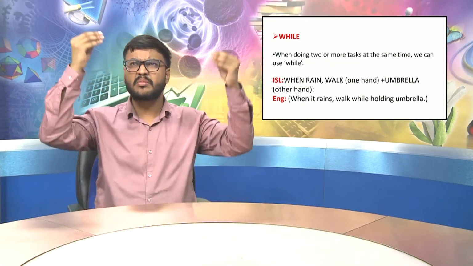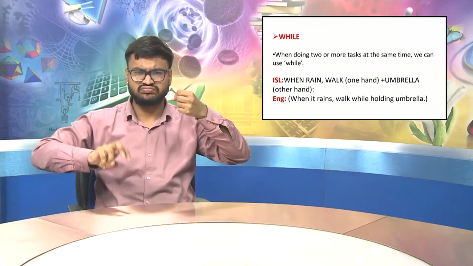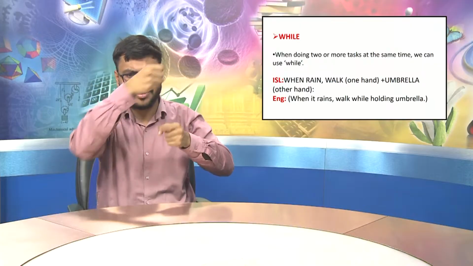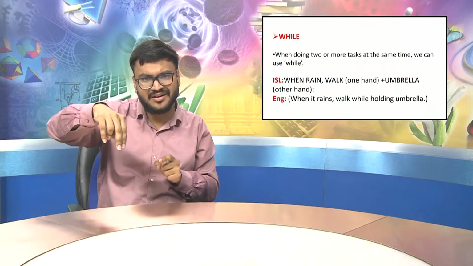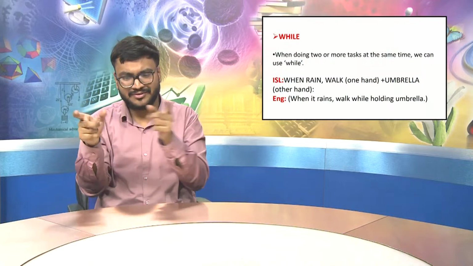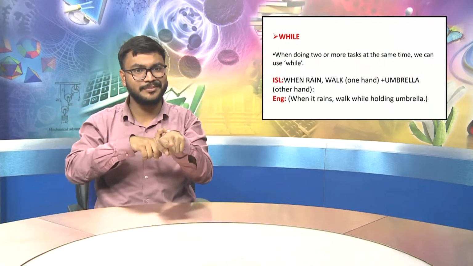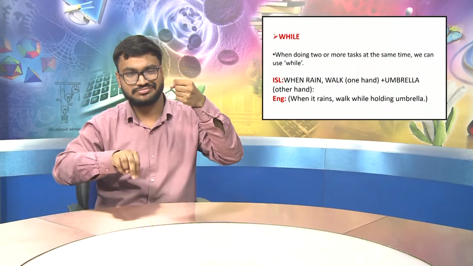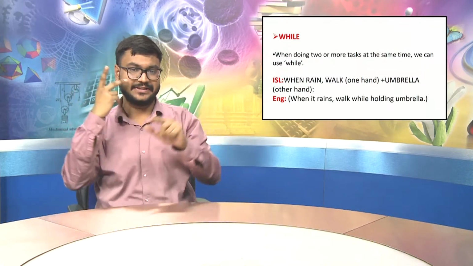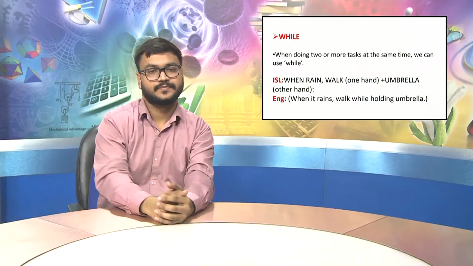For example, when it rains, I am walking while holding umbrella. In ISL, both hands show different signs: one is holding umbrella and the other hand is showing the walking sign.